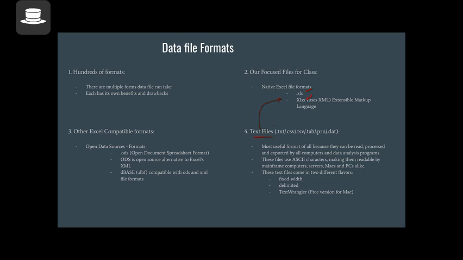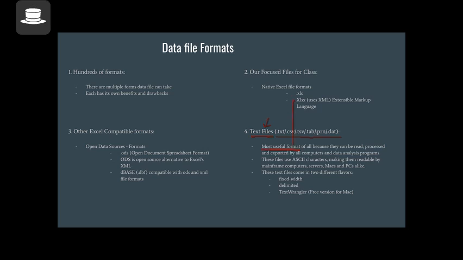It comes in different flavors like .txt is one kind of text file, .csv, comma separated values, is another kind, .tsv, tab separated values, .tab, .prn, .dat. These are all different types of text file formats. A text file format is the simplest kind of format. It's the most useful format, especially for us because we'll be working in Excel.